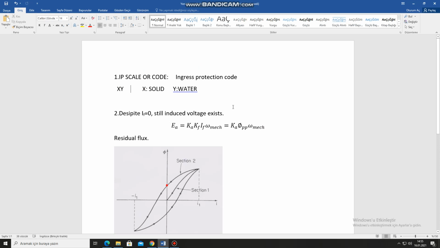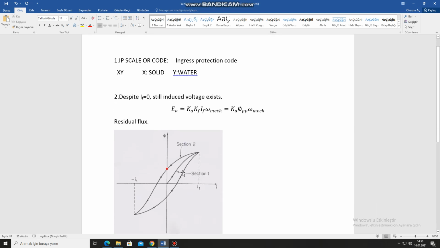In the second question, it was asked that despite our field current being 0, we still have some induced voltage. First it was asked whether we had expected some kind of behavior or not. Actually, we had expected it, because if you remember, we are using core materials in our DC machines, and the core materials are ferromagnetic and have some hysteresis behavior.